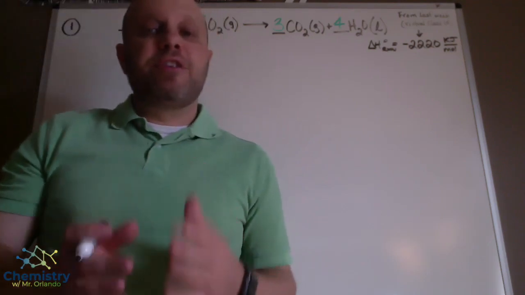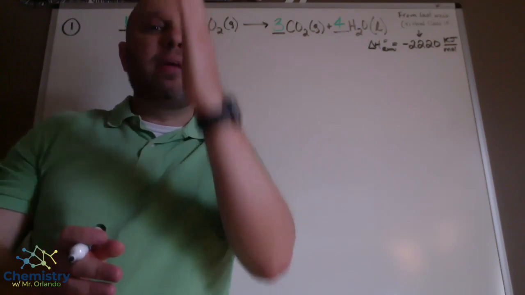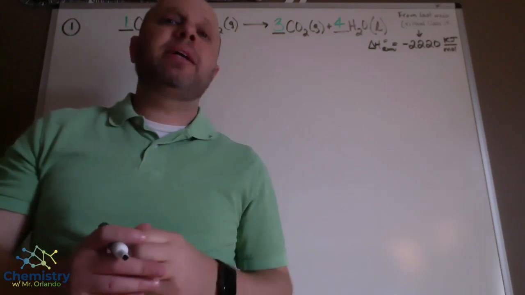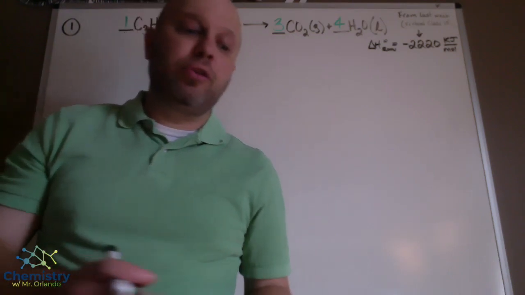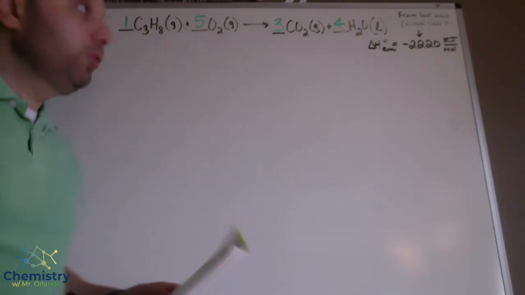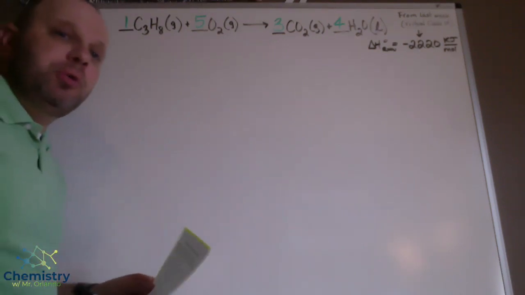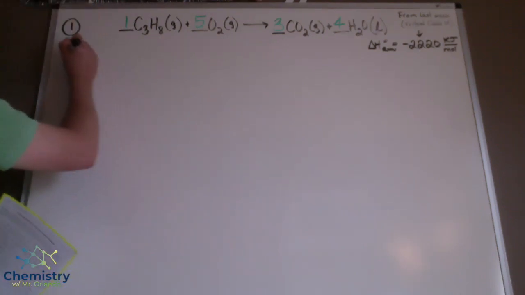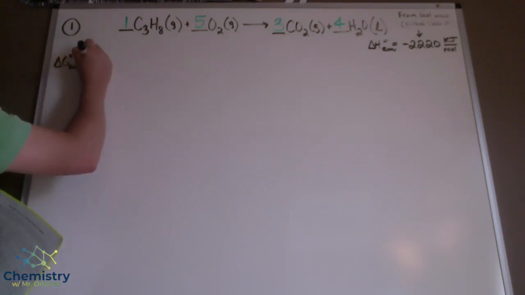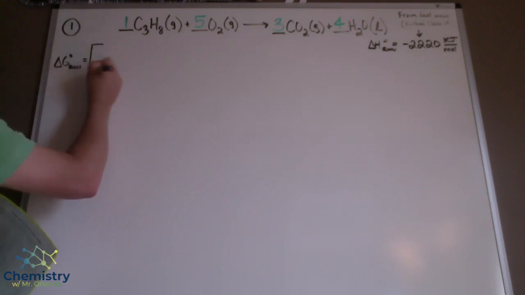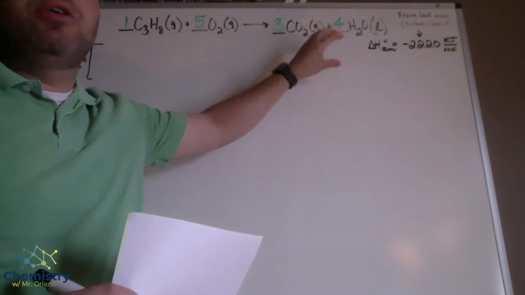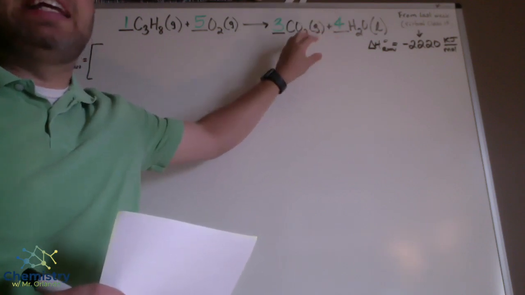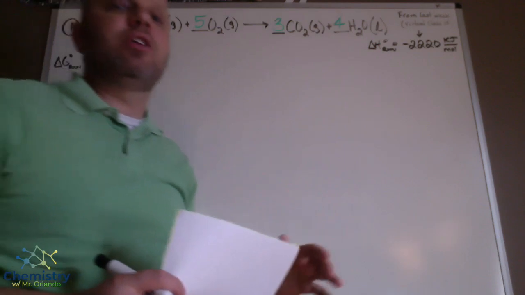For delta G values, we're now going to be using the middle column on the thermodynamic data table that I published last week in the materials folder. I'm going to go through those calculations and remind you of a few important things along the way. So for delta G at standard conditions for the reaction, remember we start with the products, enclose the product side in square brackets and each of the individual values in regular parentheses.